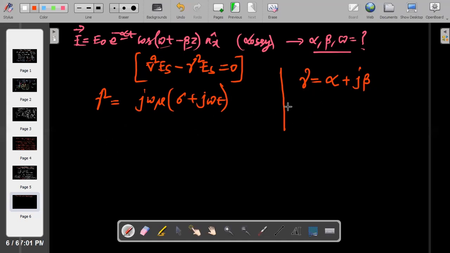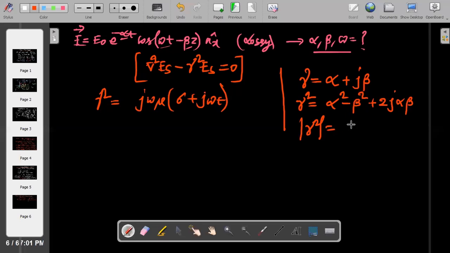Gamma is this one, correct? Now what will be your gamma square? It is nothing but alpha plus j beta whole square. So alpha plus j beta whole square means alpha square minus beta square plus 2j alpha beta. I think you know why minus beta square: j squared is nothing but minus 1. Now what about mod of gamma square?